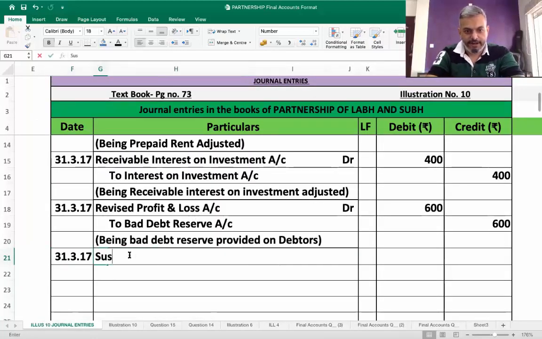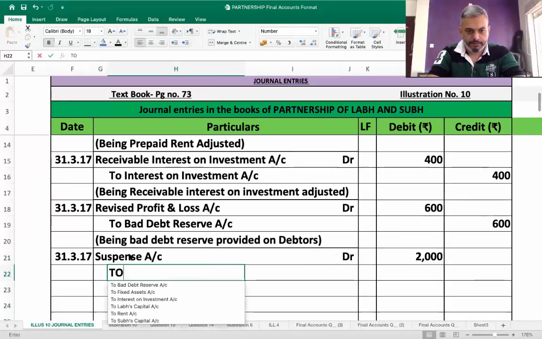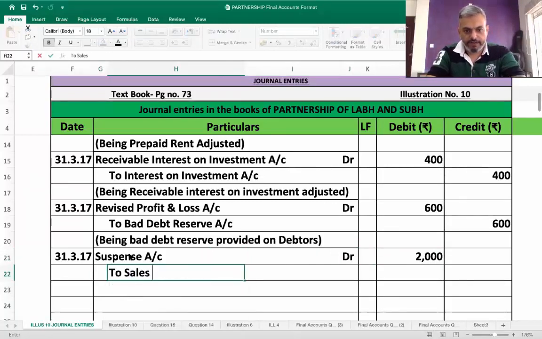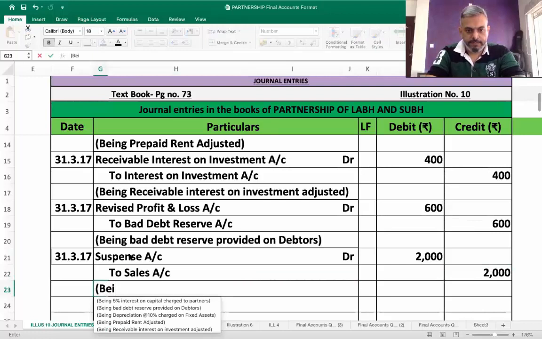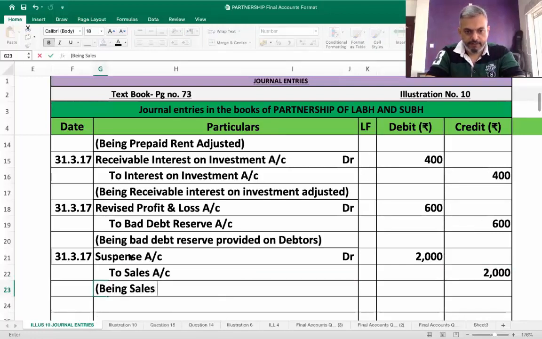So first let's write the entry: suspense account debit 2000 to sales account 2000. Being sales book undercast now rectified.